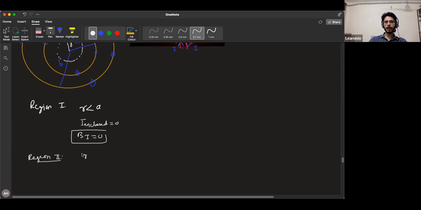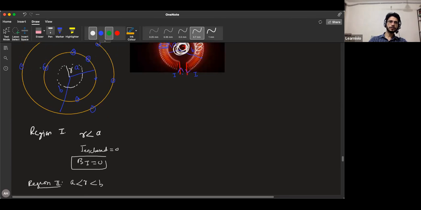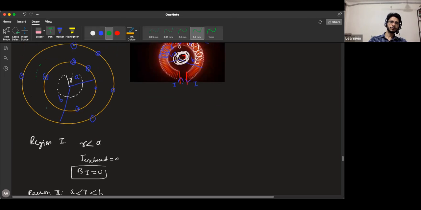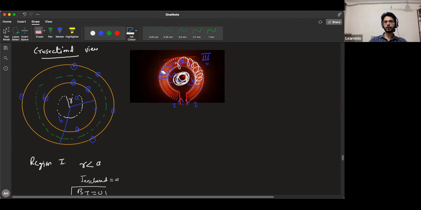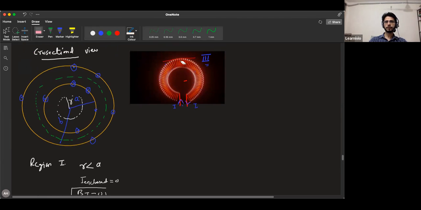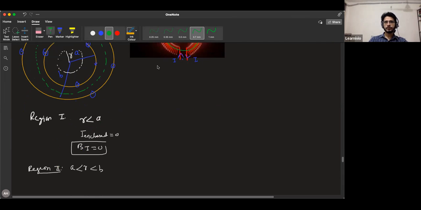In region 2, R is greater than A, but it's less than B. So region 2 is this one. If you want to see region 2 in this figure, this is region 2. So I take it here. Is it less than B or more than B?